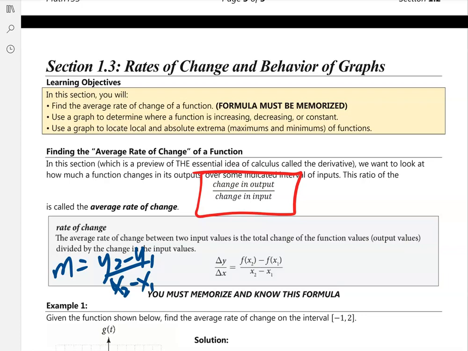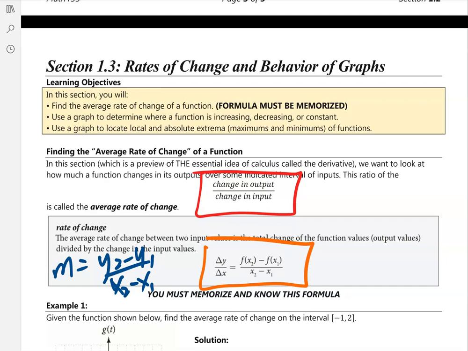So here you need to memorize this. Delta y over delta x, the change in y over the change in x, is equal to f of x2 minus f of x1 over x2 minus x1.